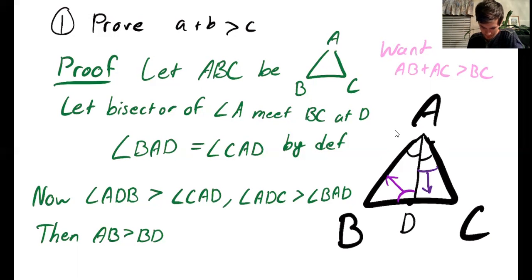Remember DC is equal to BD, because that's the definition of bisector. So AB is going to be bigger than BD. That's where that comes from.